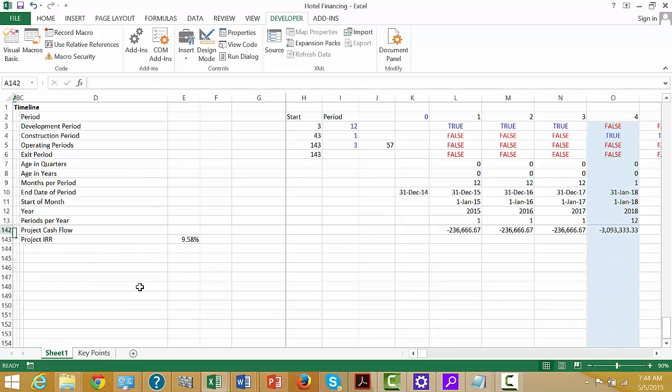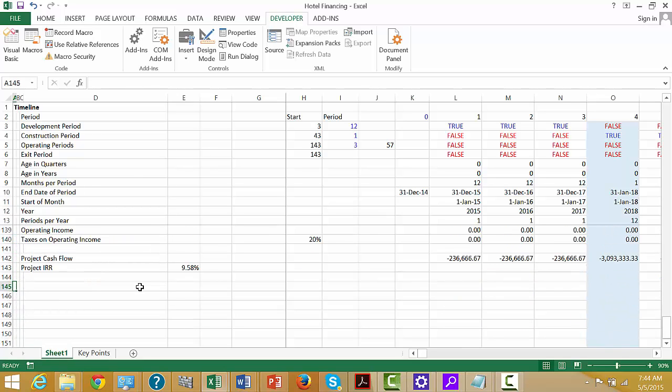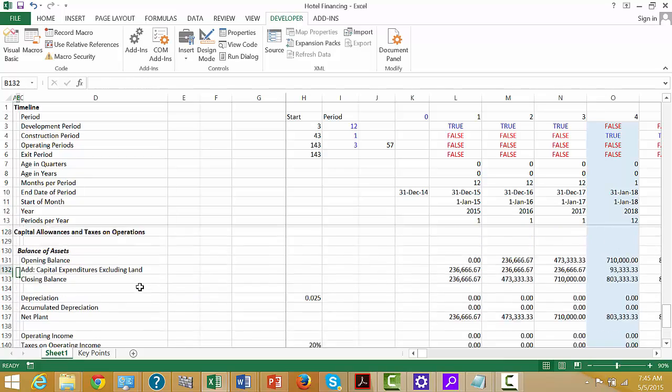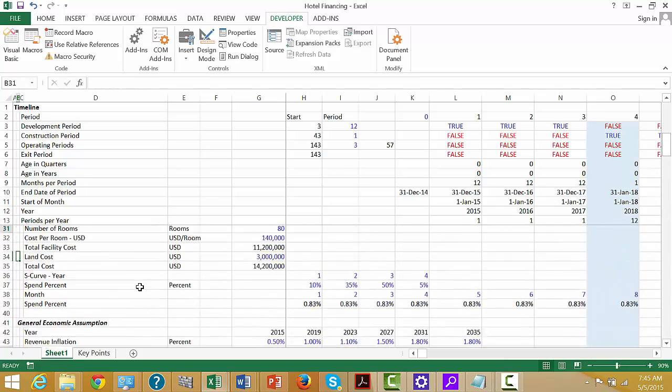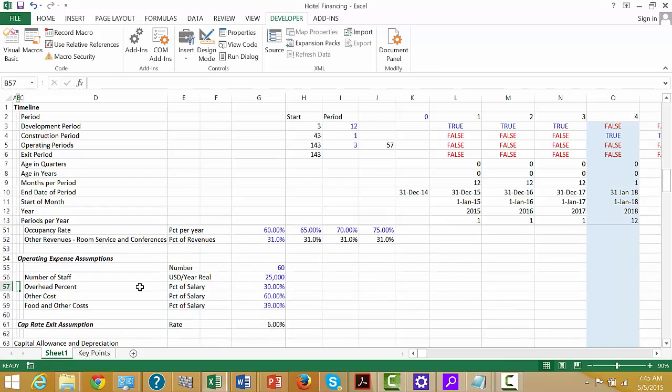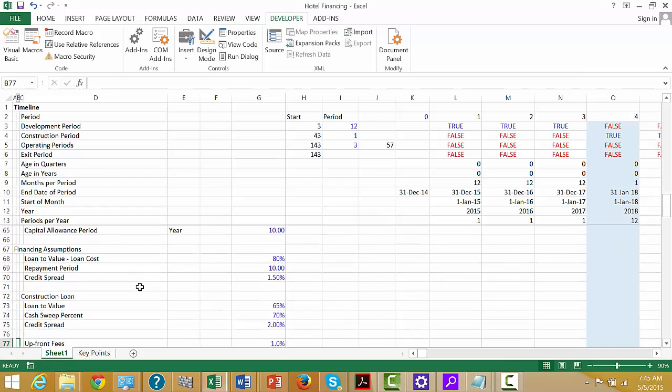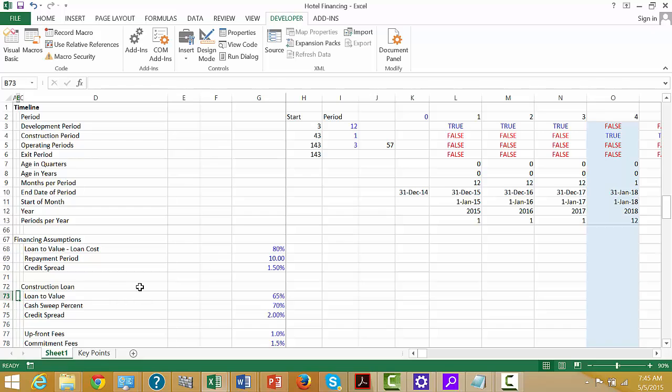Once we have the project cash flow, let's begin with the financing. If you remember, we put a loan to value land cost.